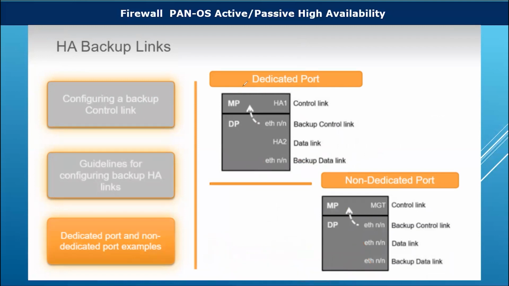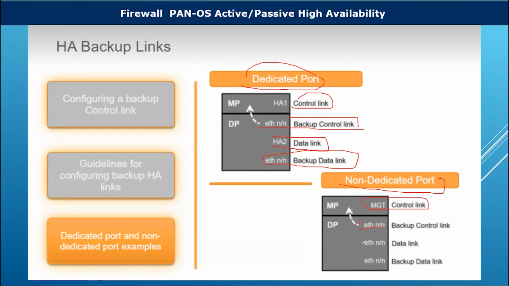Here, guys, you can see if we have dedicated ports: the HA1 control link, and in the Ethernet interface we are using the backup control link. The HA2 data link, and the Ethernet interface for the data backup link. If we have non-dedicated ports, the management interface is used for the control link.